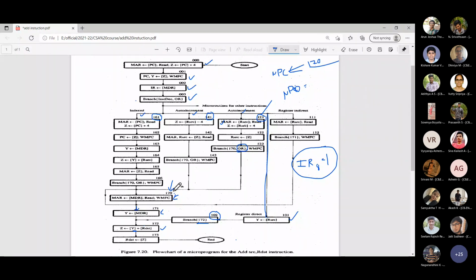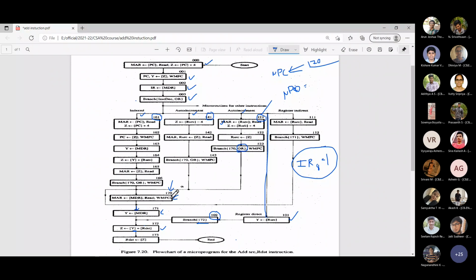So if it is indirect, mu PC 0th bit should be what? You have to jump to 170. 170 is already loaded.